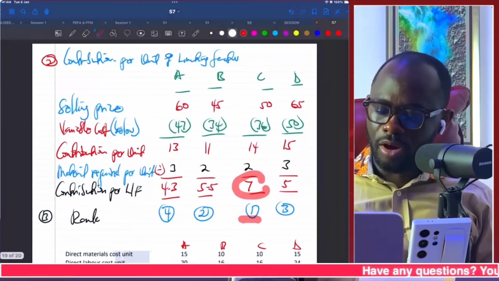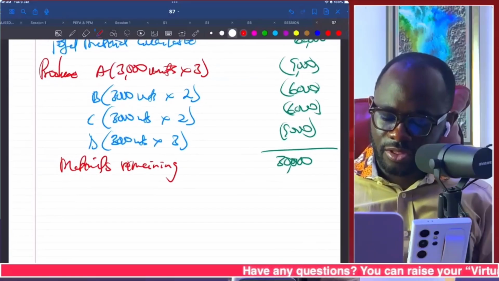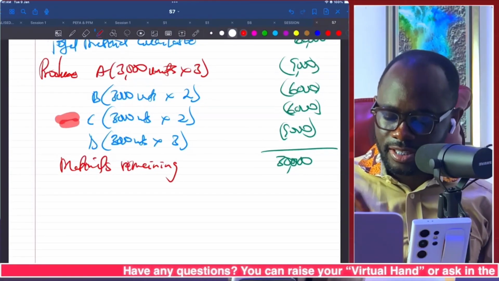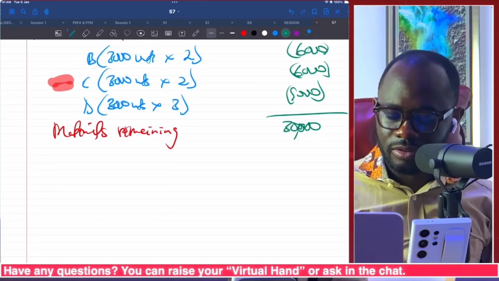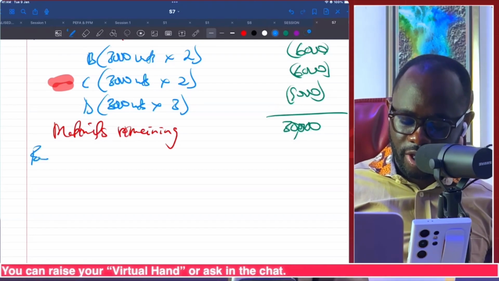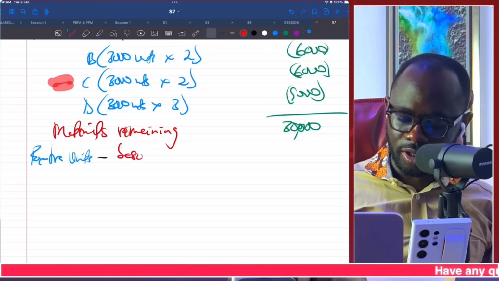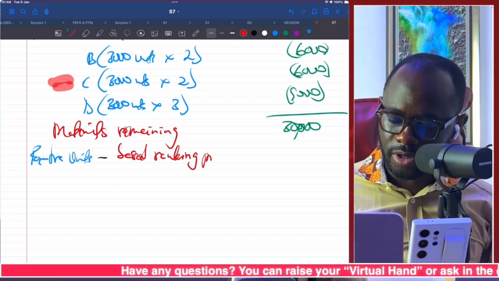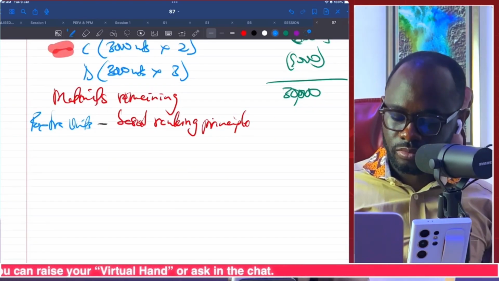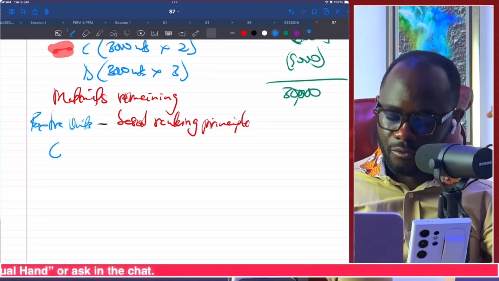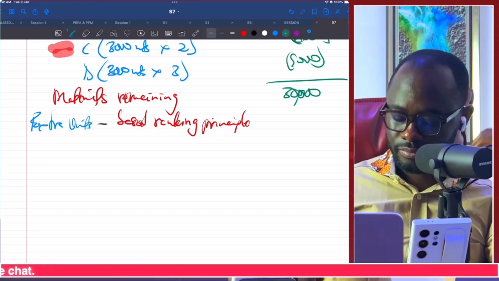Remember, based on the policy, we've already done 3,000 of the C. So now, the extra units, and this is based on the ranking principle. So C, remaining units to produce.